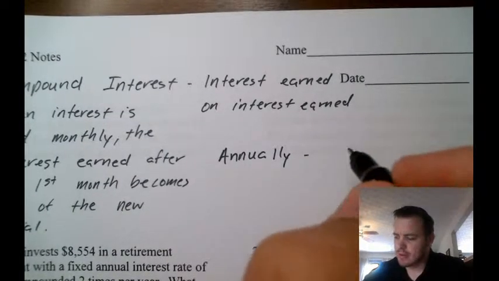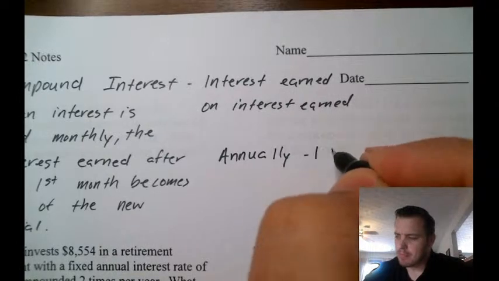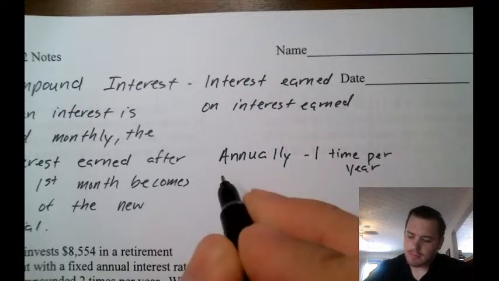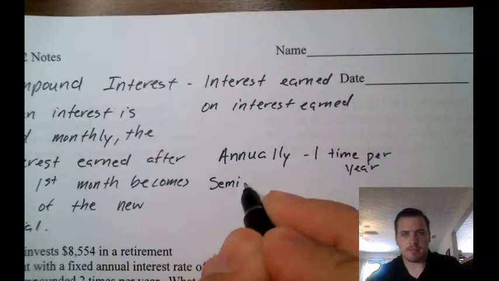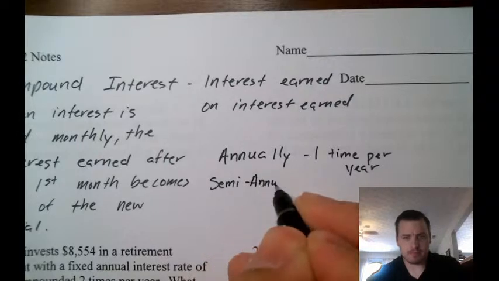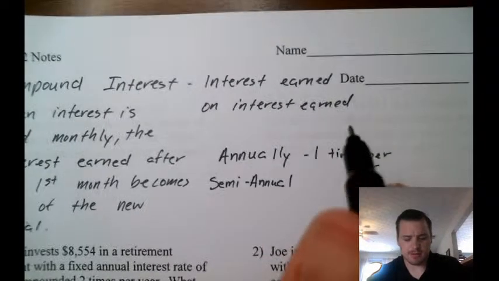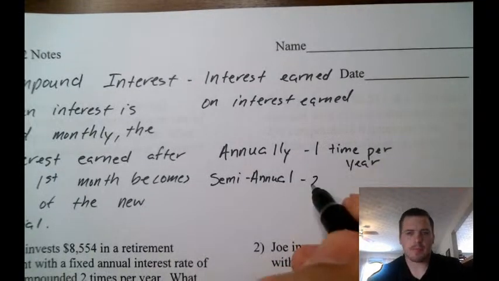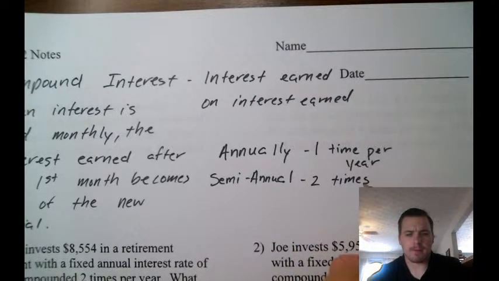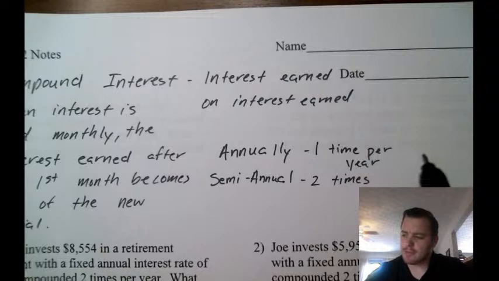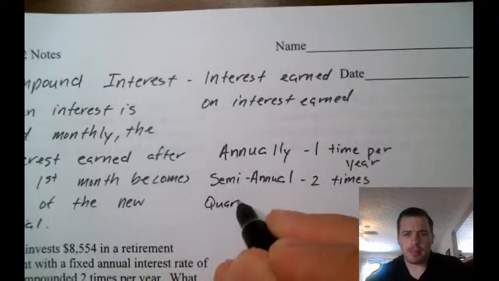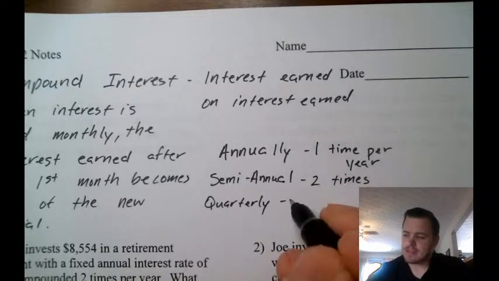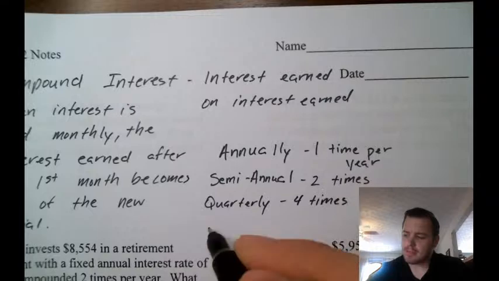One time per year. If it is semi-annual, that would be 2 times per year. If it's quarterly, that's 4 times a year. And if it's monthly, that's 12 times a year.